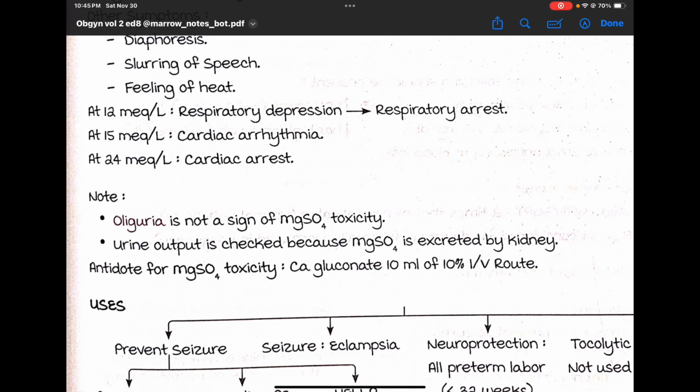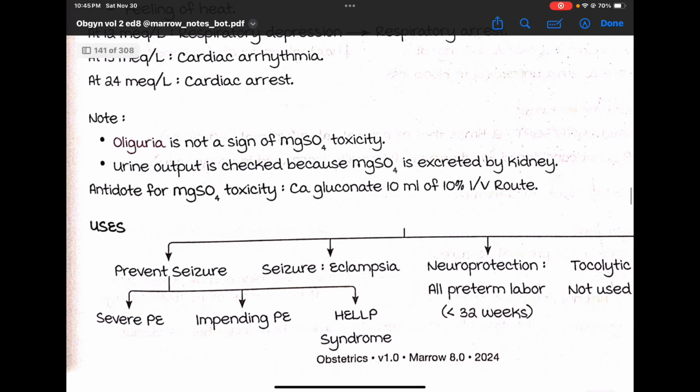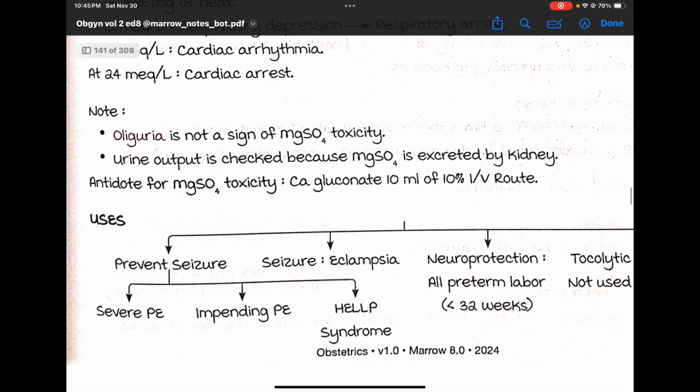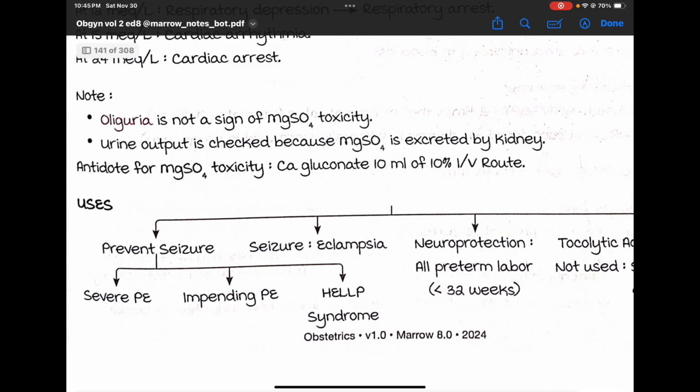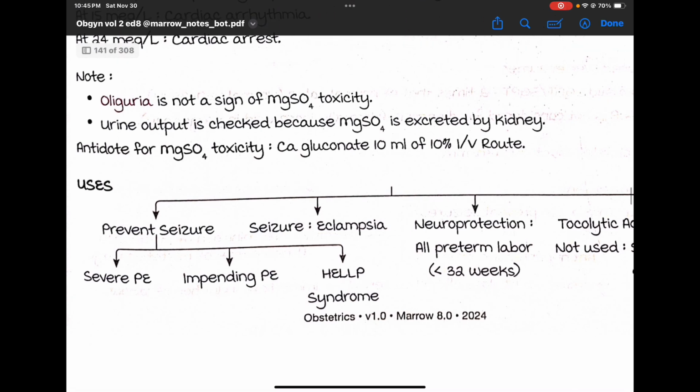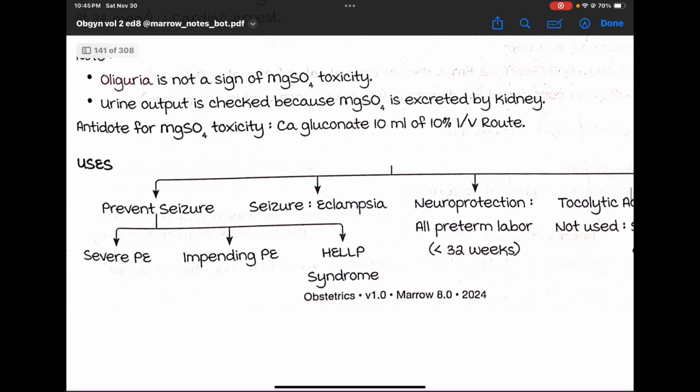Oliguria is not a sign of magnesium sulfate toxicity. Urine output is checked because magnesium sulfate is excreted by the kidney. Antidote for magnesium sulfate toxicity is calcium gluconate, 10 ml of 10% IV route.